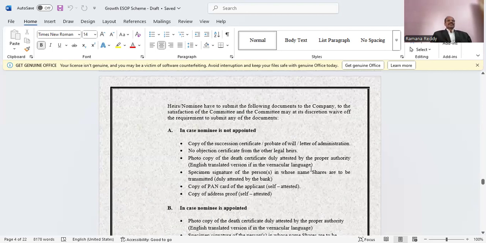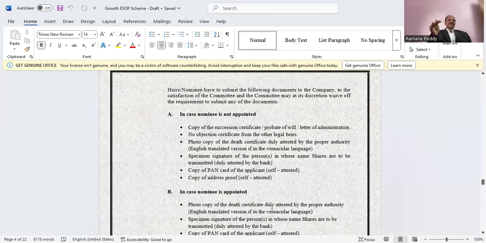In case a nominee is not appointed, then a copy of the succession certificate, probate of will or letter of administration, or NOC from other legal heirs, and a photocopy of the death certificate duly attested by the proper authority, specimen signature of the persons in whose name the shares are to be transmitted, copy of PAN card and the application self-attested, copy of address proof self-attested.